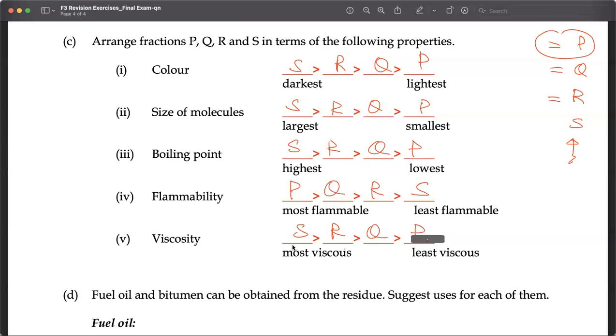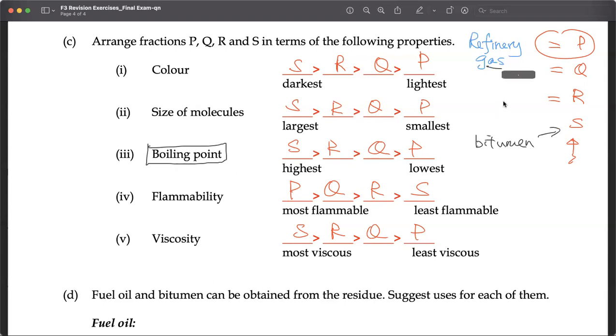For me, how I think about that, I will think about the example that we have. The tallest one obtained in the fractionating tower is the refinery gas, while the lowest one will be the bitumen. Now the bitumen is used to make the cover of the road. As a result, it should have a high boiling point instead of gas.